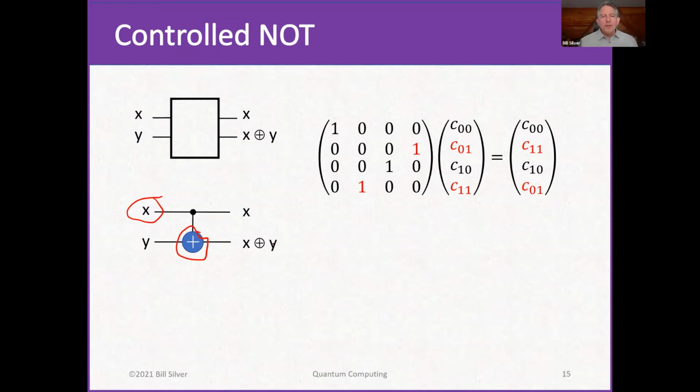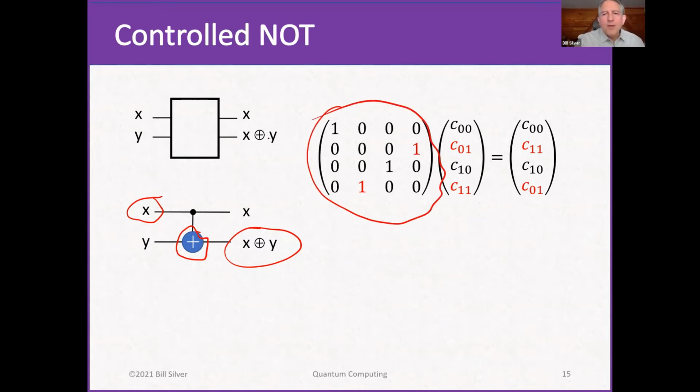But if the control qubit x is in the 1 state, then the y state is flipped, kind of like a NOT gate, because that's what exclusive OR does. And if the 2 input qubits are in a superposition of states, the output is going to be in an interesting superposition that we're going to get into. But this is what the matrix looks like.